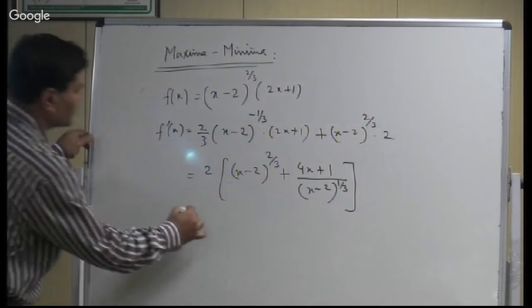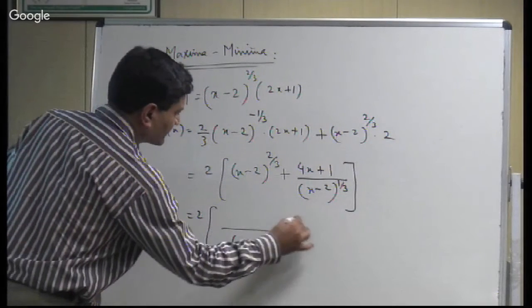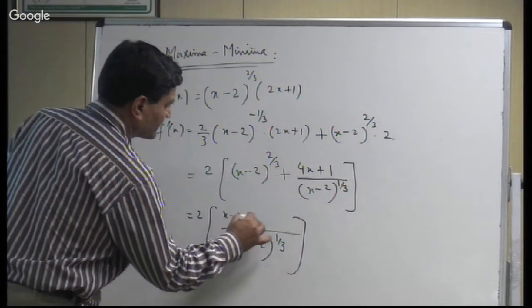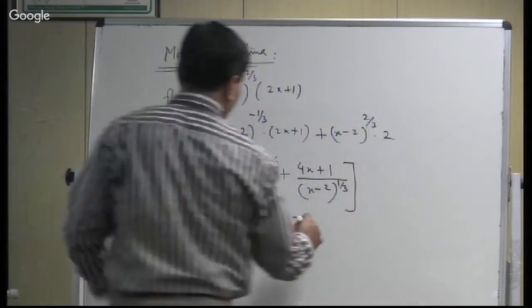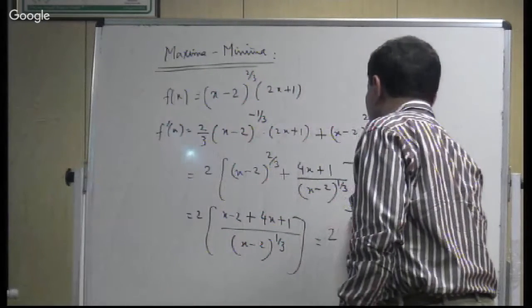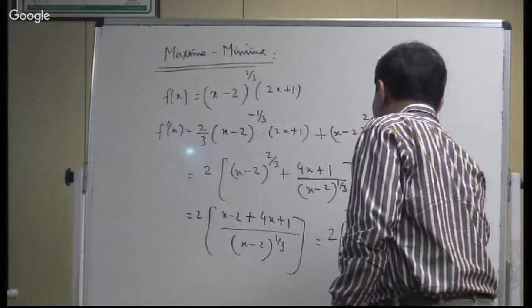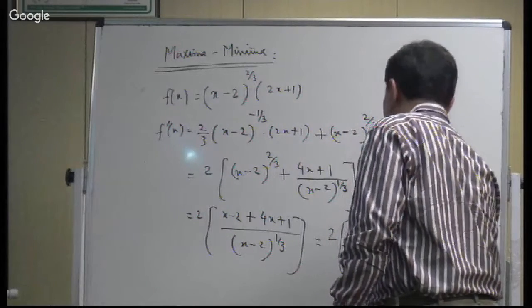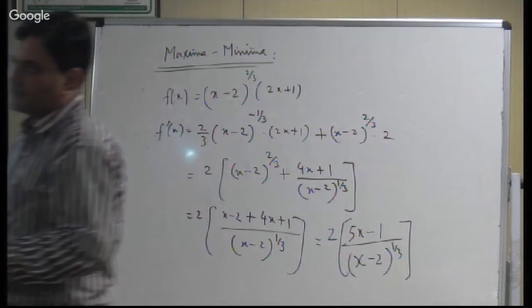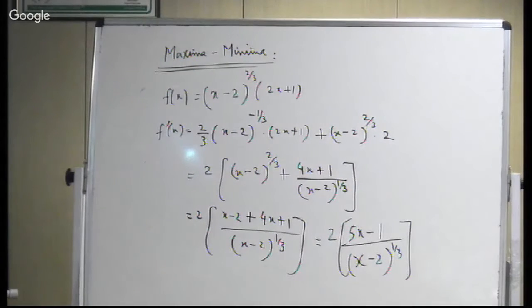Right, so this will come out to be, the derivative is coming out to be 2 times (5x minus 1) upon (x minus 2) raised to the power 1 by 3. Right? Now who will tell me what are the critical points here? 1 by 5 as well as 2.